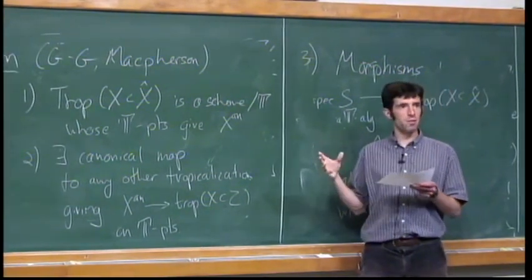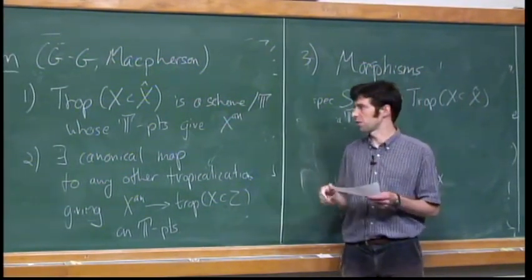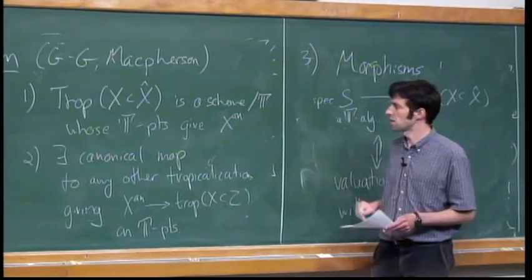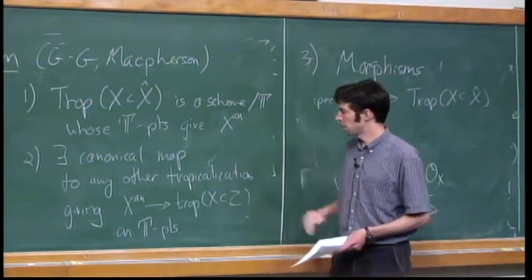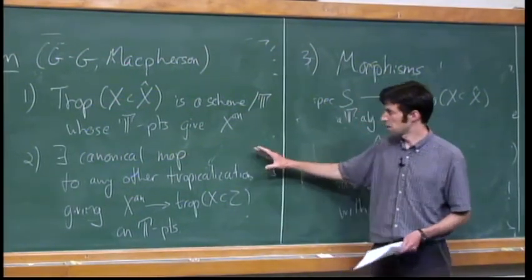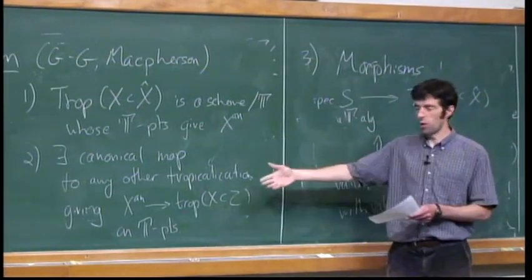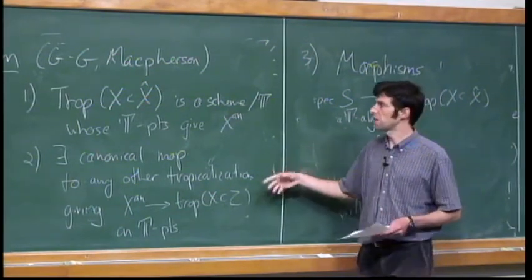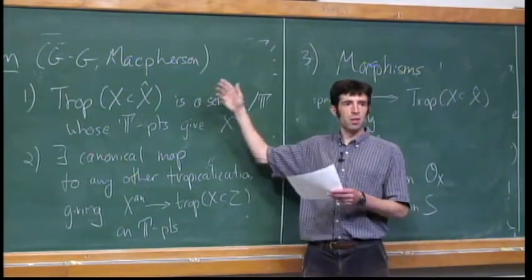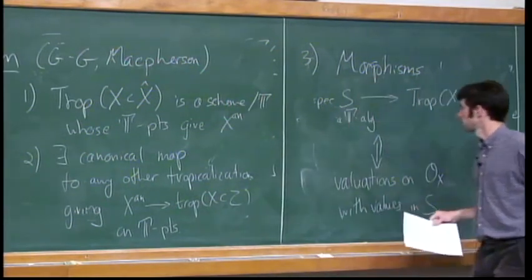But we didn't know at the time that it was actually a tropicalization of something. So we had the existence of this scheme. In the second paper that Noah and I wrote, we looked at this map to any other tropicalization and saw that it has this universal property, and we realized that it actually is the tropicalization of the universal embedding.